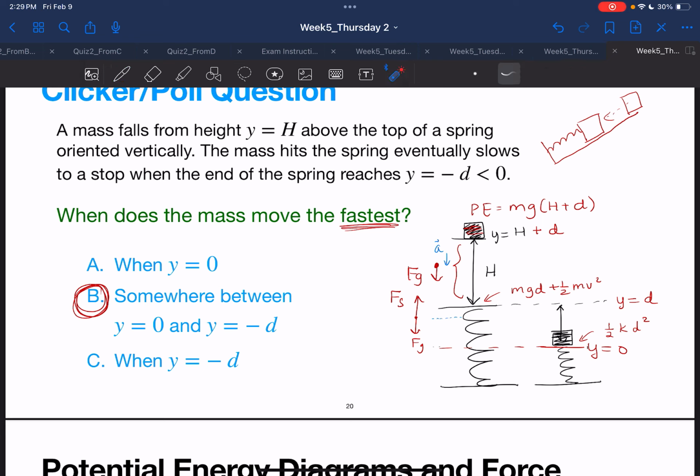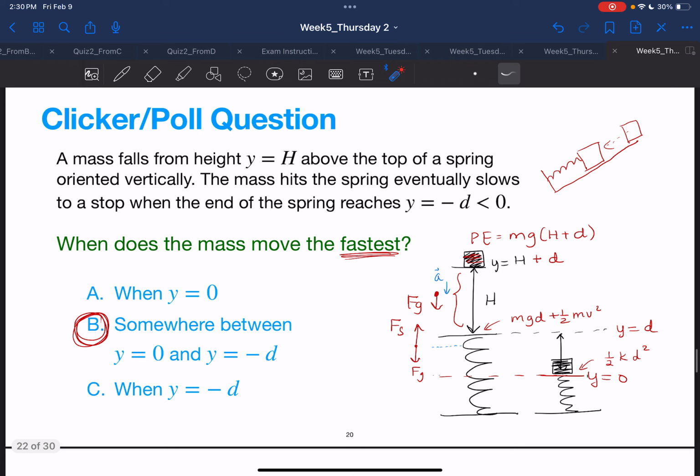To find that, you would find when the force of gravity is equal to the spring force. And in the case here, you'll do a similar analysis of all the forces acting on it. At some point, the sum of the forces goes to 0, and that's where the situation changes from accelerating in this direction to accelerating in that direction and slowing down.